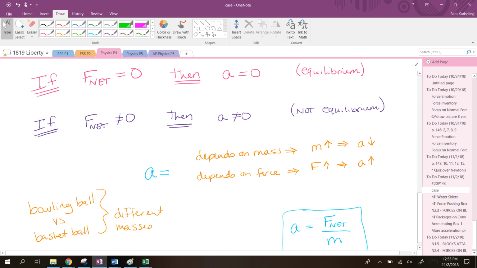How are we doing? Are we okay? Some of your homework questions tonight, actually all of them I think, involve: here's the force, here's the mass, find the acceleration. Can you do that?